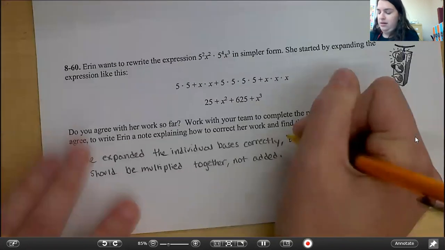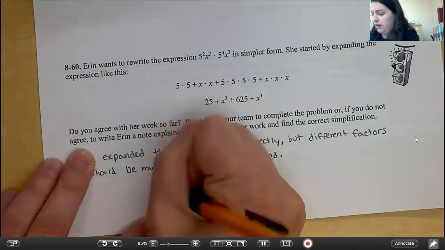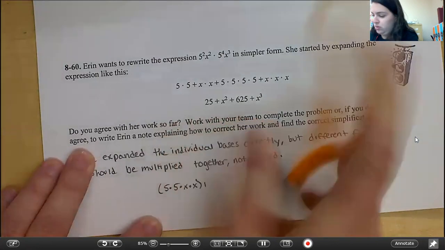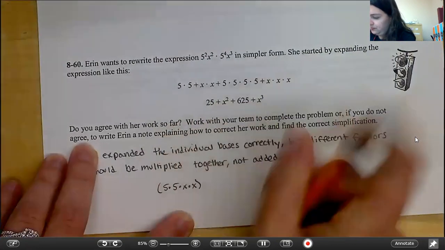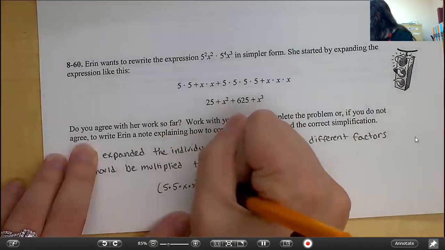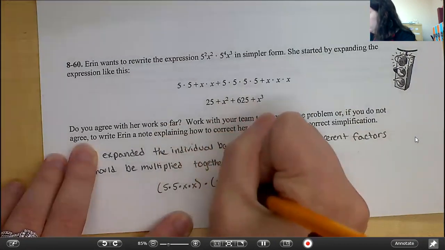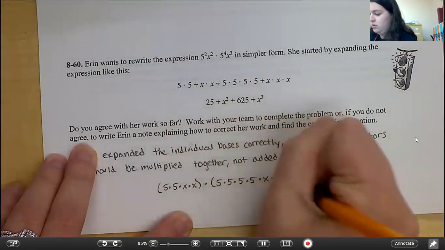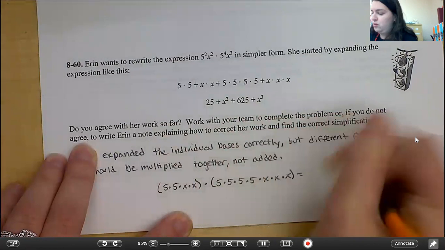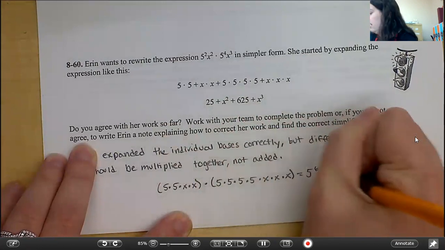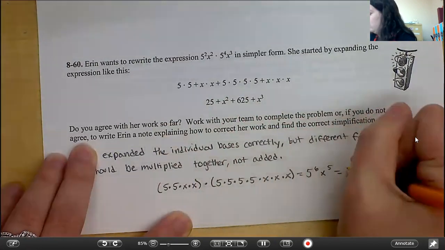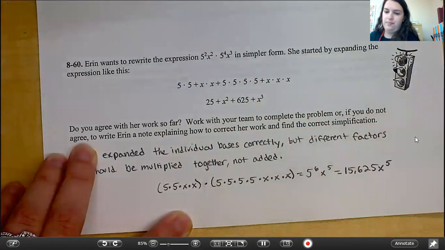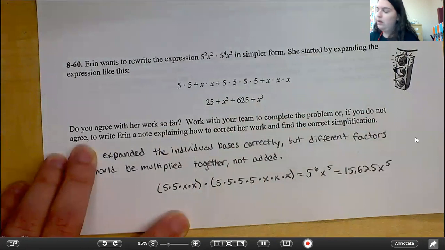So it should have been 5 times 5 times x times 5 times 5 times 5 times 5 times x times x, which would be 5 to the 6th, x to the 5th, which is 15,625 x to the 5th. Okay.